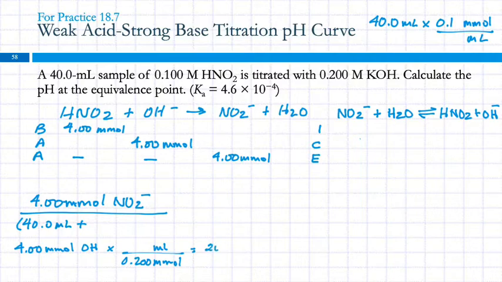So that's 20 milliliters. You can do that calculation other ways as well. So I've got 4 millimoles divided by 60 milliliters, 0.067 molar. Any questions?